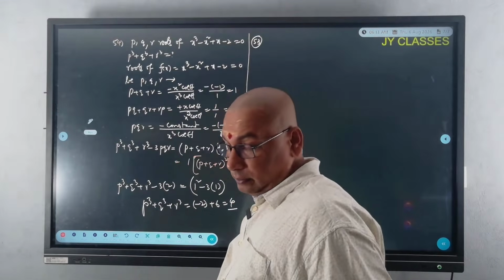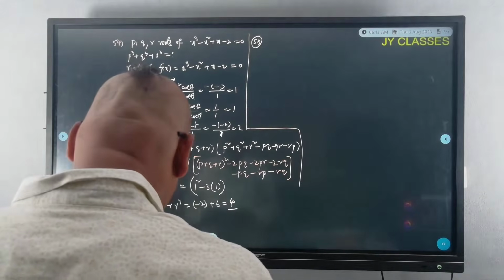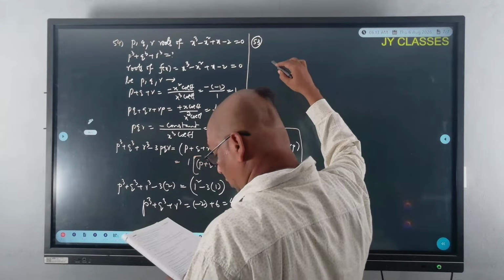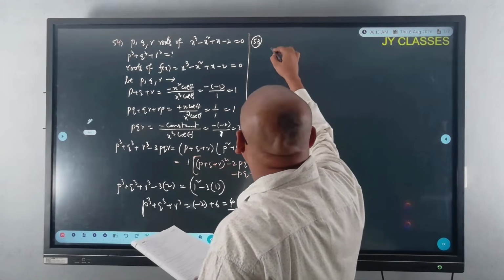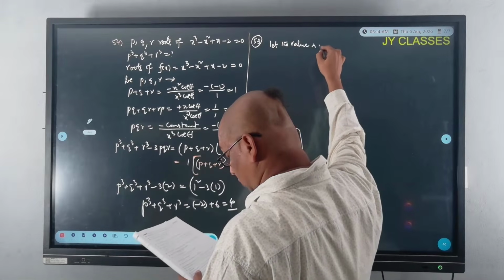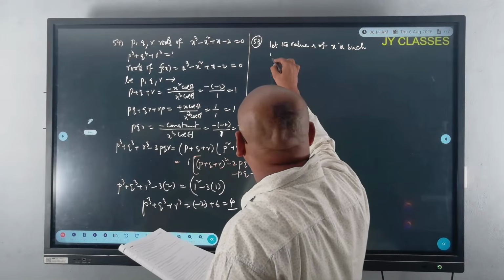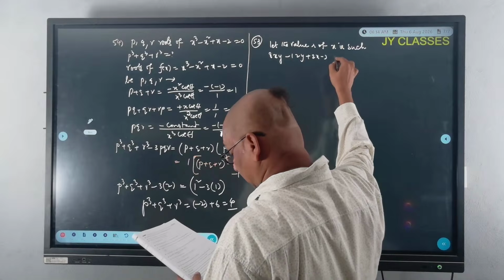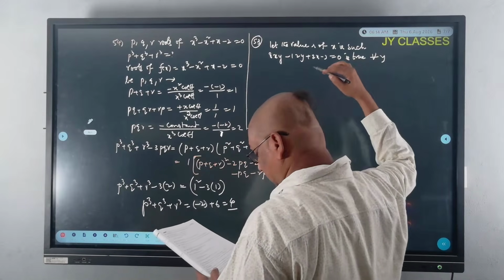Question number 53. Let the value of x be such that 8xy minus 12y plus 2x minus 3 equal to 0 is true for all y.